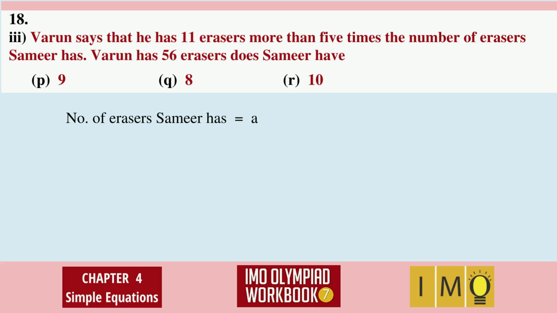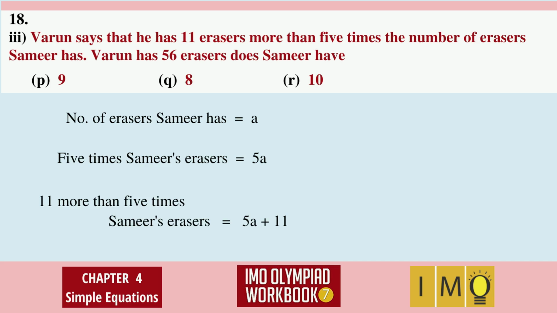First, let's consider the number of erasers Samir has to be A. 5 times Samir's erasers will be 5A, and 11 more than 5 times Samir's erasers will be 5A plus 11. This is equal to the number of erasers that Varun has, which is 56. So 5A plus 11 is equal to 56.